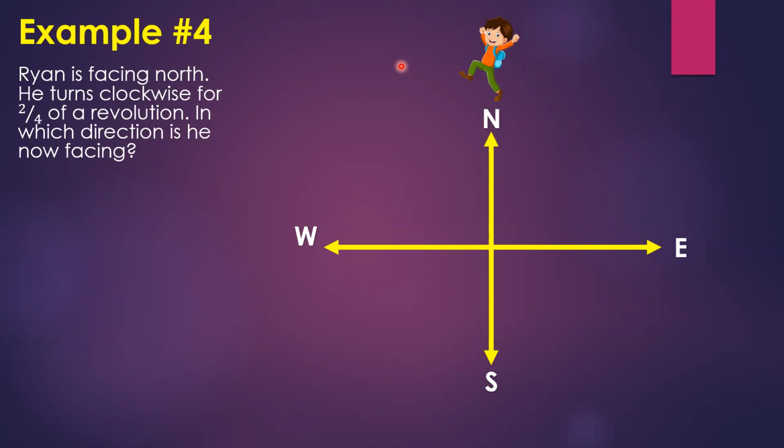How did you get west? Yeah, you made the same mistake as last time. You counted north and then west. So do you understand where you're going wrong? Yes, sir. Okay.